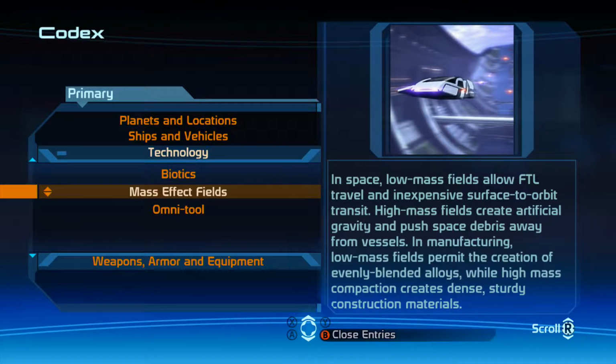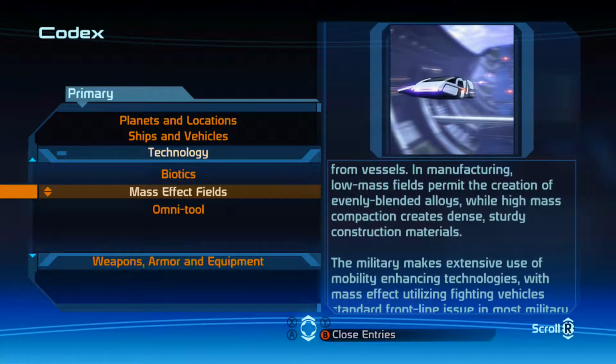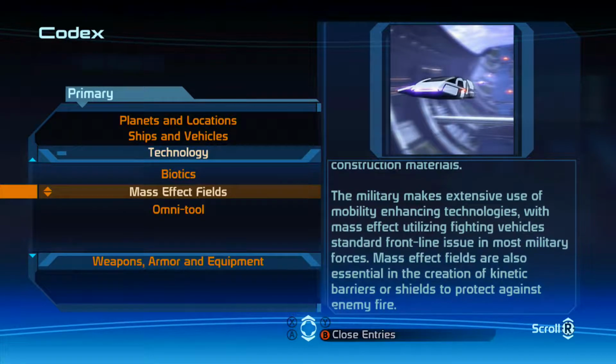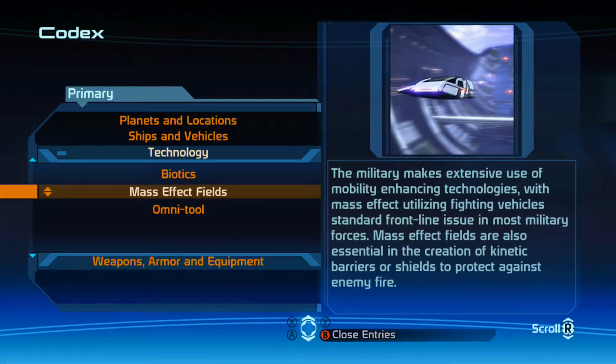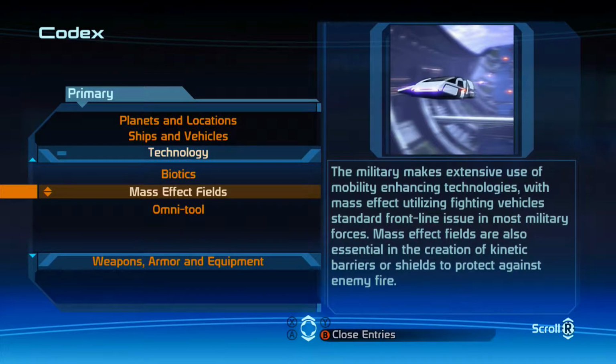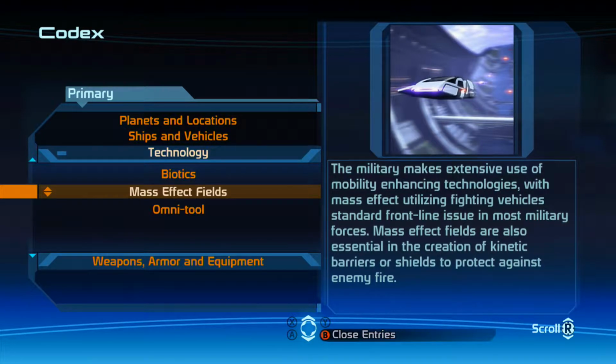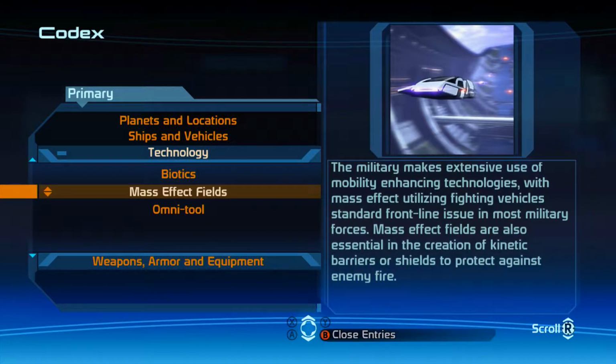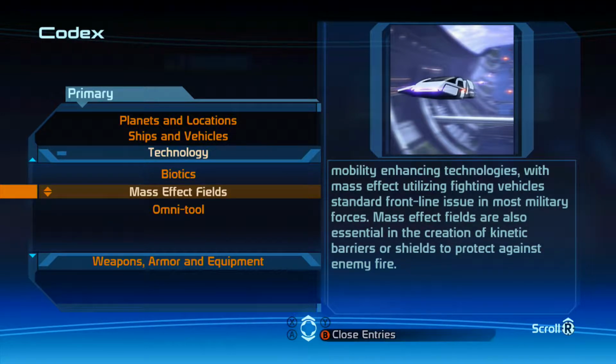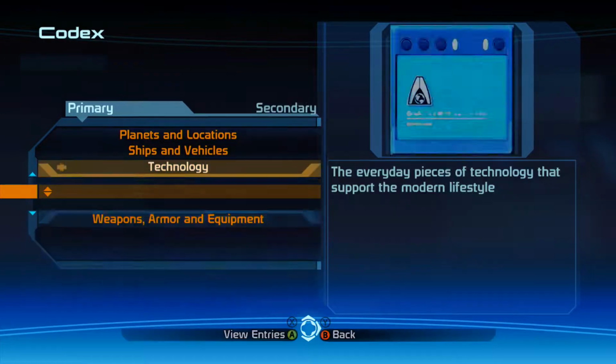In manufacturing, low-mass fields permit the creation of evenly blended alloys, while high-mass compaction creates dense, sturdy construction materials. The military makes extensive use of mobility-enhancing technologies, with Mass Effect utilizing fighting vehicles standard frontline issue in most military forces. Mass Effect fields are also essential in the creation of kinetic barriers or shields to protect against enemy fire.